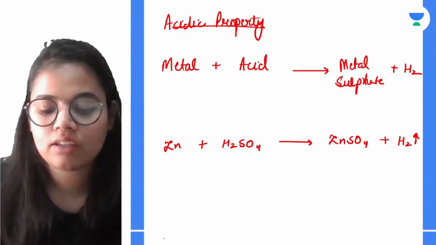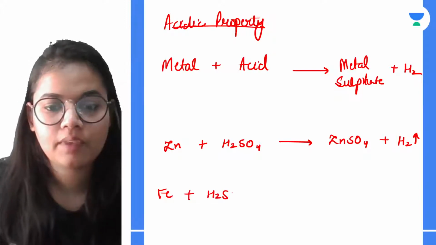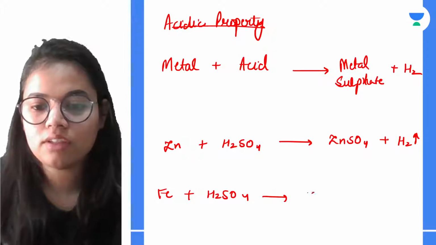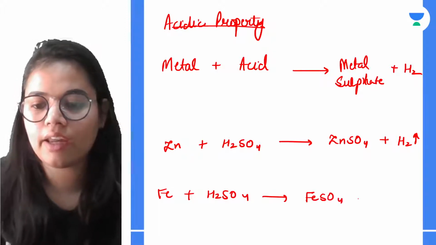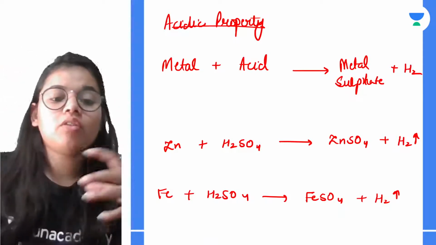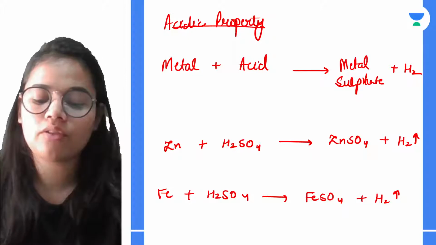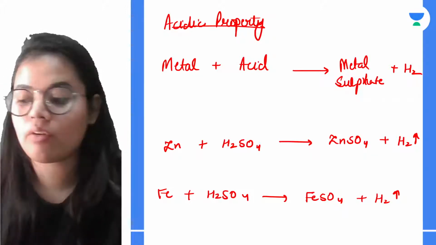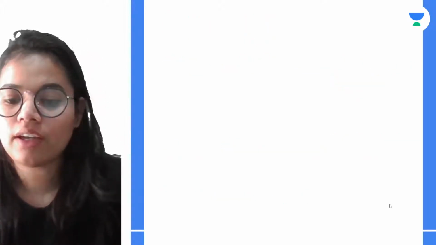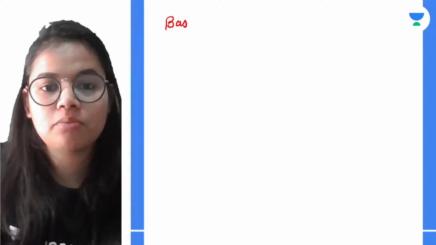Similarly, if I take the case of ferrous, again it will give us the sulfate and hydrogen. If I talk about metals like gold, platinum, etc., they do not react with sulfuric acid. They do not show any reaction. Now talking about the reaction with base.